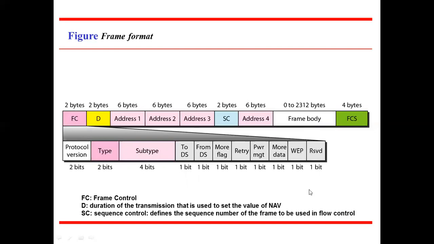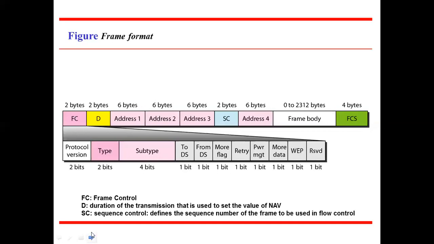What about the FC? FC includes the protocol version and type, which may be management, control or data information. Management is 00, control is 01, and data is 10, so 2 bits of information.